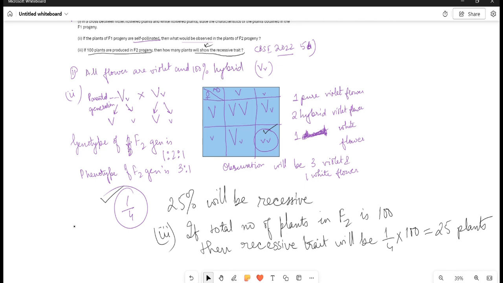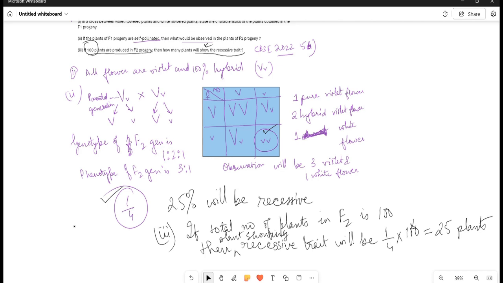Where is this 100 coming from? It is coming from the 100 plants which are produced. So it is 25 plants.